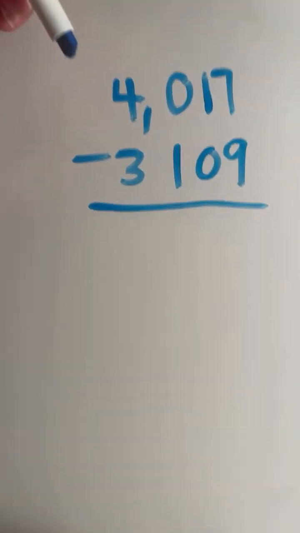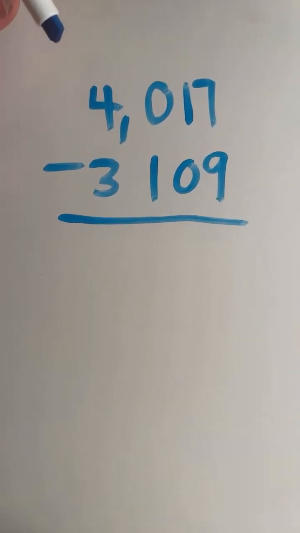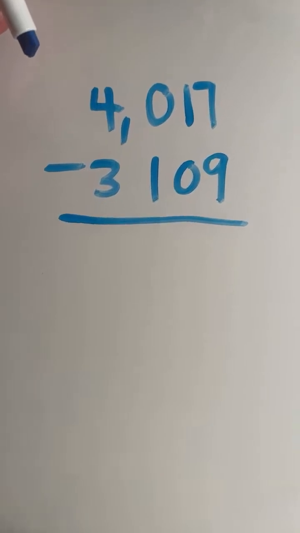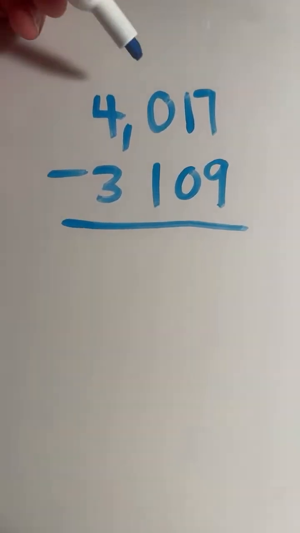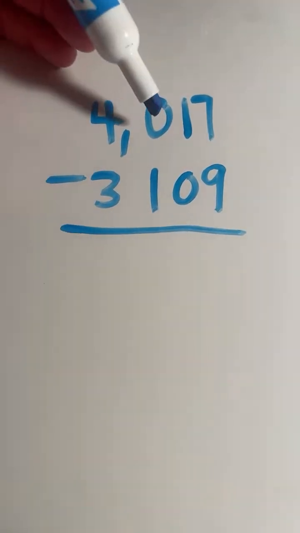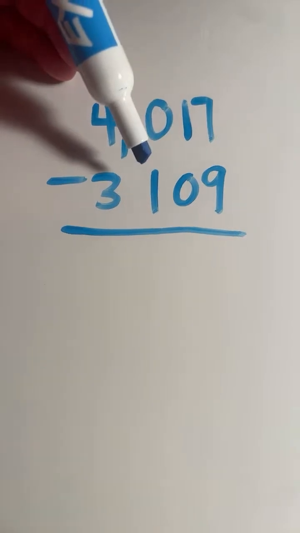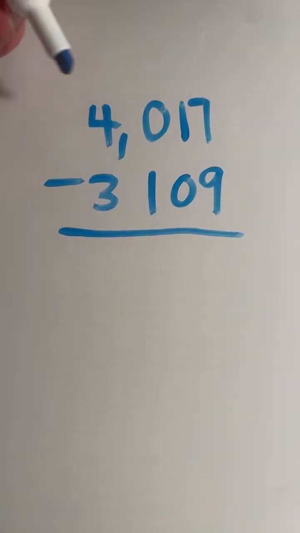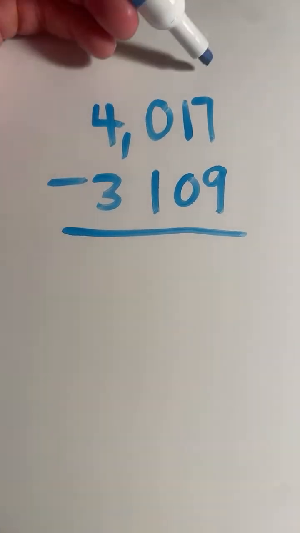So again, before we do any subtraction, we check to see if regrouping is needed. And here it is needed in the hundreds place and in the ones place. You can't start out with 0 and take away 1, and you also cannot start out with 7 and take away 9. So we're going to regroup from left to right, and then we're going to subtract from right to left.